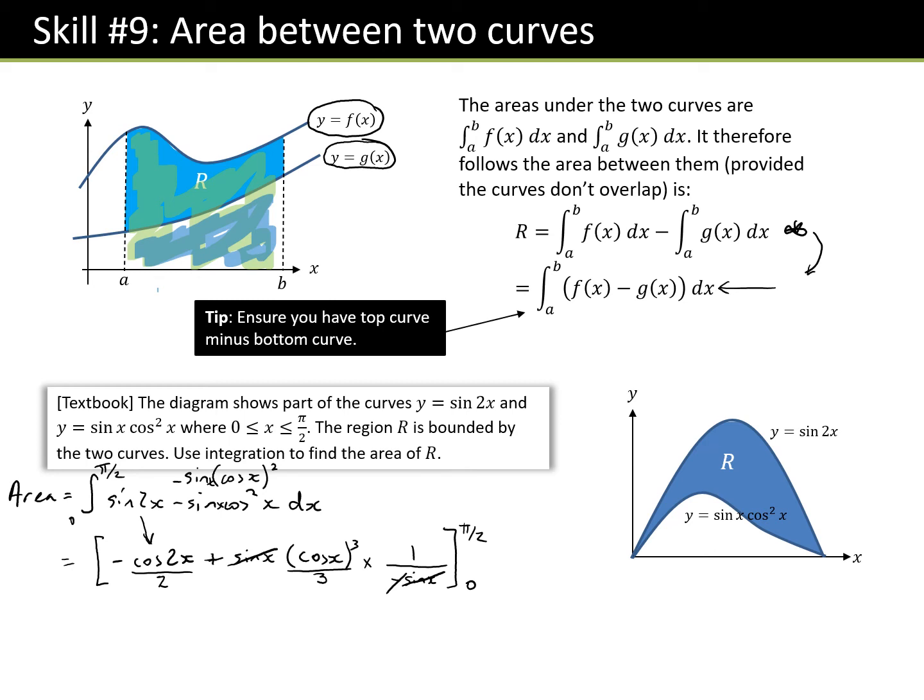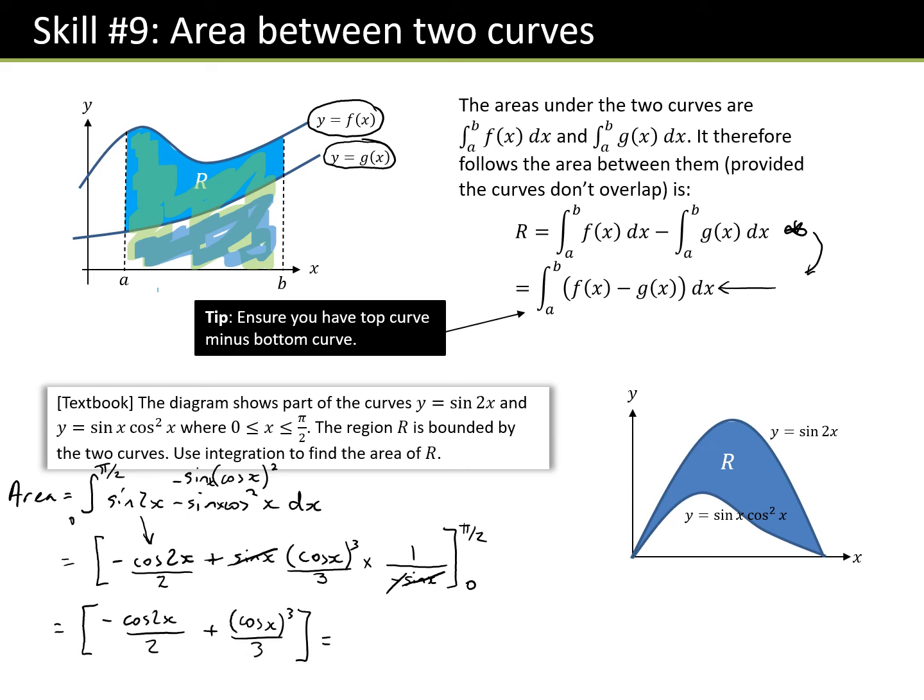make a plus. Okay, so our integral actually becomes minus cos 2x all over 2 plus cos x cubed all over 3.